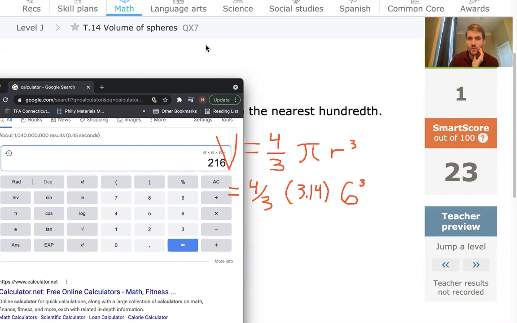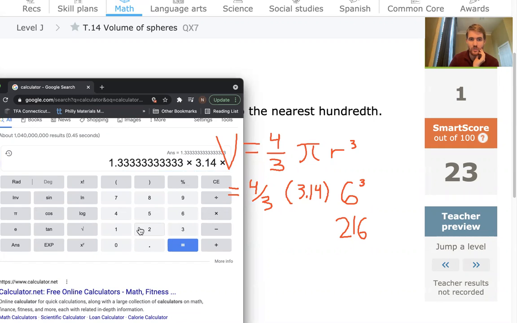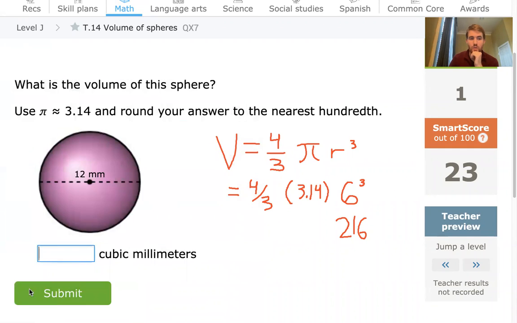Either way, we get 216. Now we just multiply the rest of it together. 4 divided by 3 times 3.14 times 216 equals 904.32. This time we don't have to round it at all. Perfect. 904.32. Hope that's right.